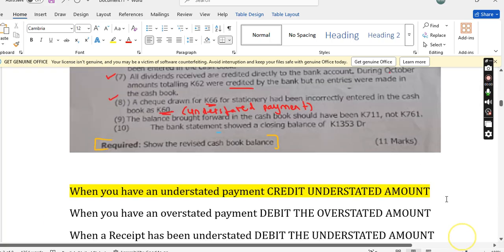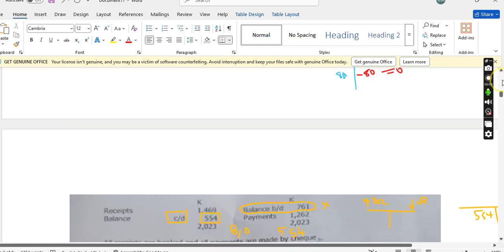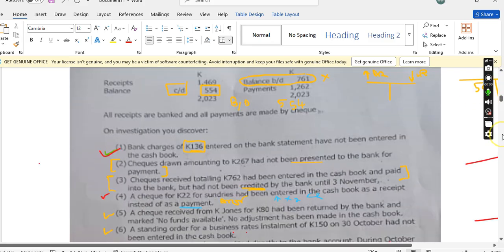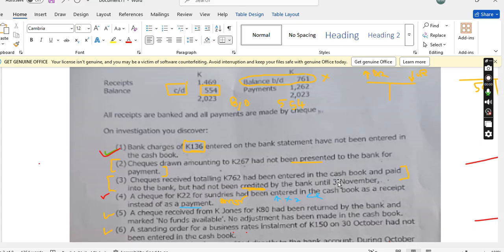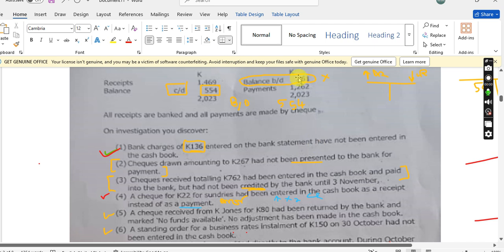Okay. The balance brought forward in the cash book had been 711, not 761. So remember I said we have to take note of this number here. Have you seen this 761?